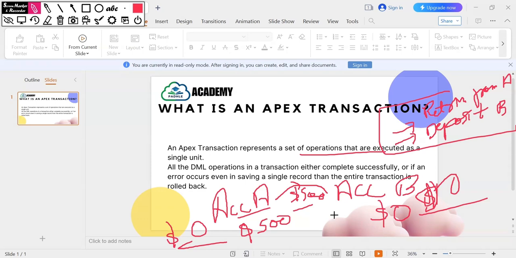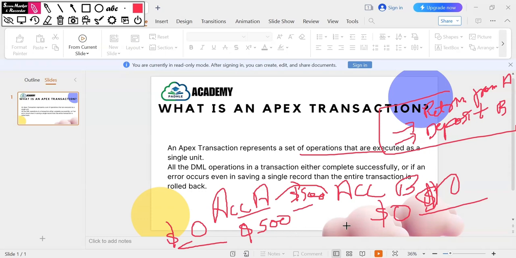It should be 500. So we want this to be reversed back, so we should have the original final balance. If the deposit operation failed, then the retrieving operation should get rolled back.